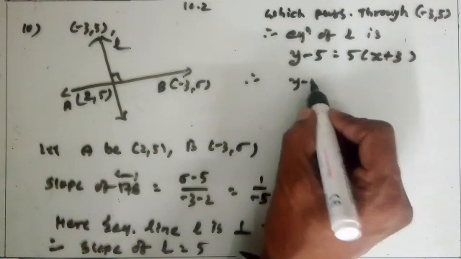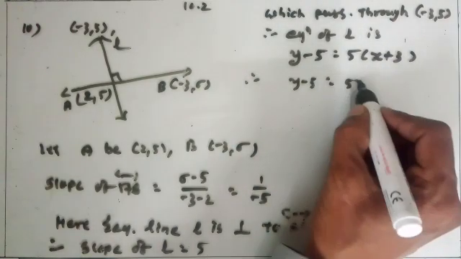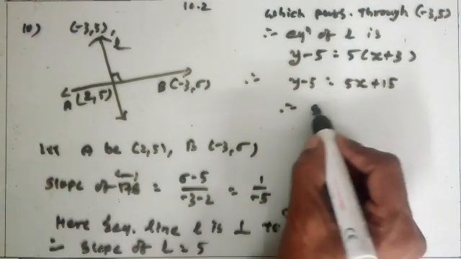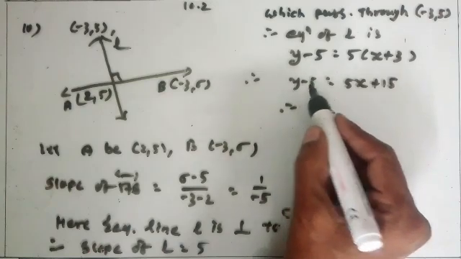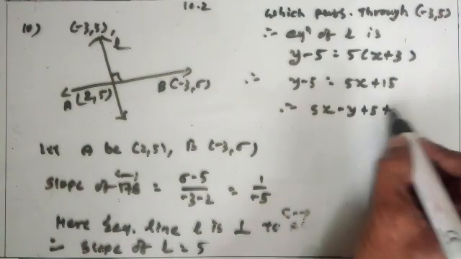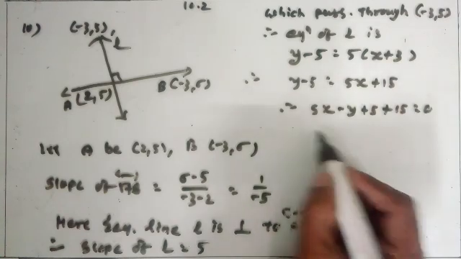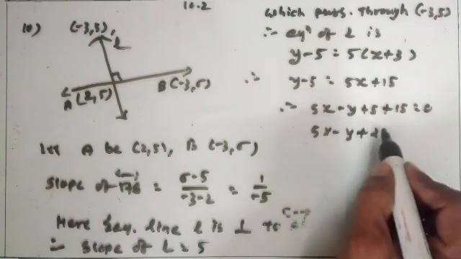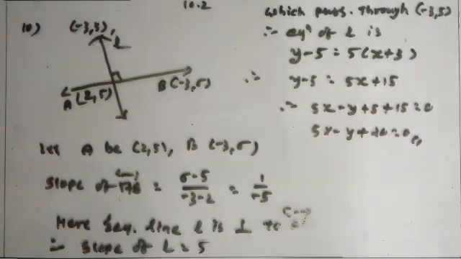Therefore, y - 5 is equal to 5x + 15. Therefore, taking everything to one side, 5x - y + 5 + 15 is equal to 0. So 5x - y + 20 = 0. This becomes the equation of the required line.